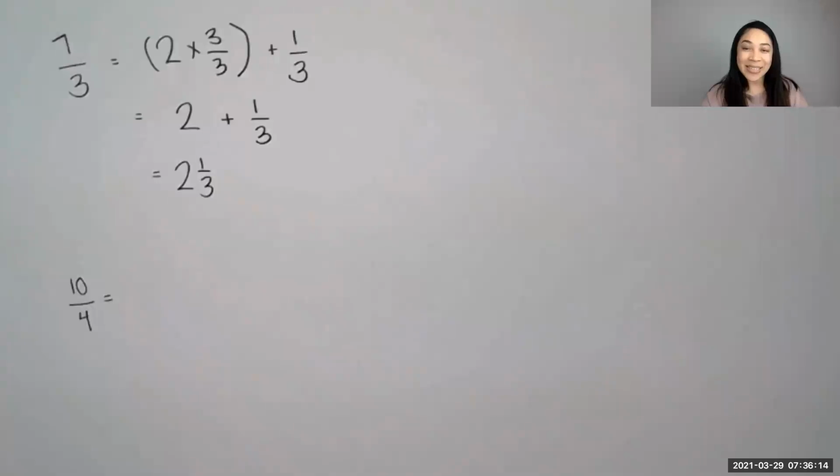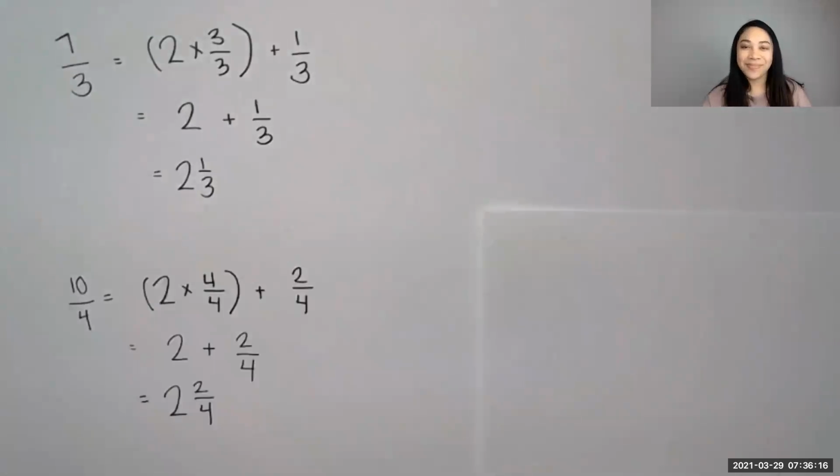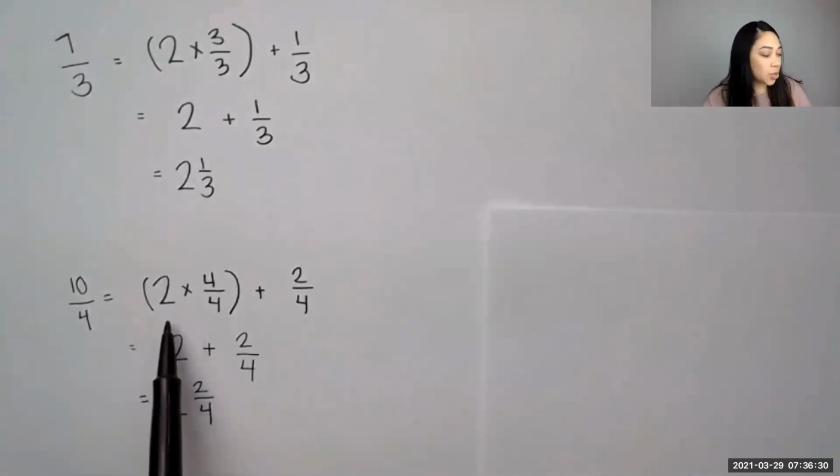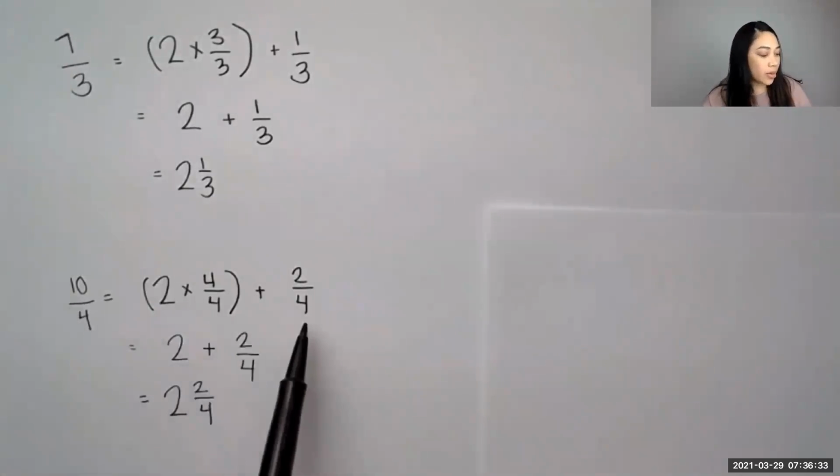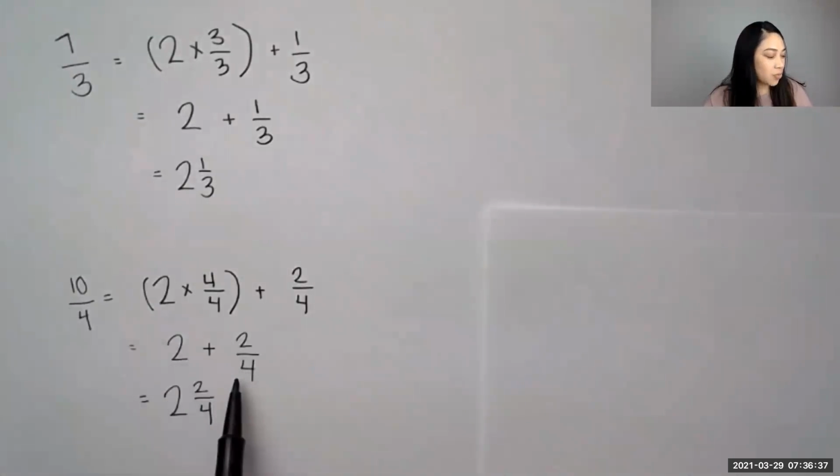We'll compare our sentences when you get back. Welcome back. Go ahead and take a moment to compare your number sentence with mine. You can see here I wrote in parentheses 2 times 4/4. The other part is 2/4. So I have 2 plus 2/4. 10/4 equals 2 and 2/4.